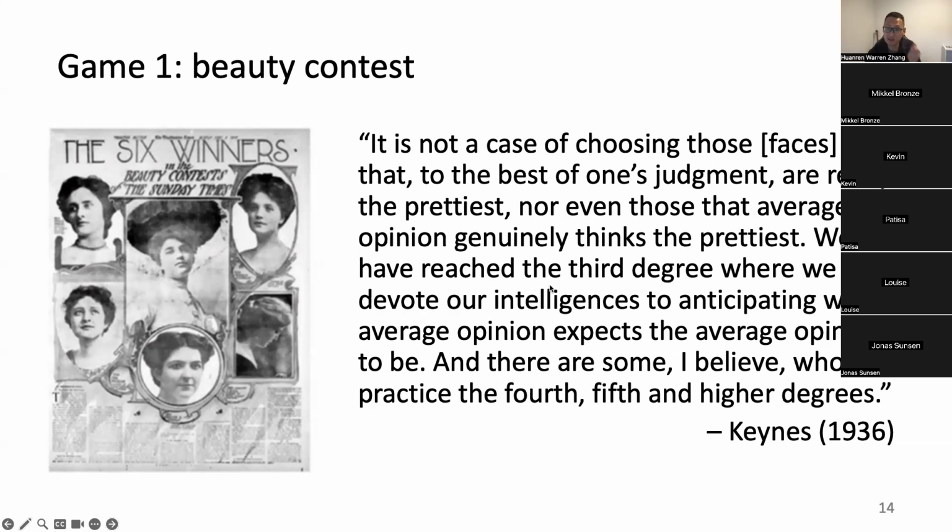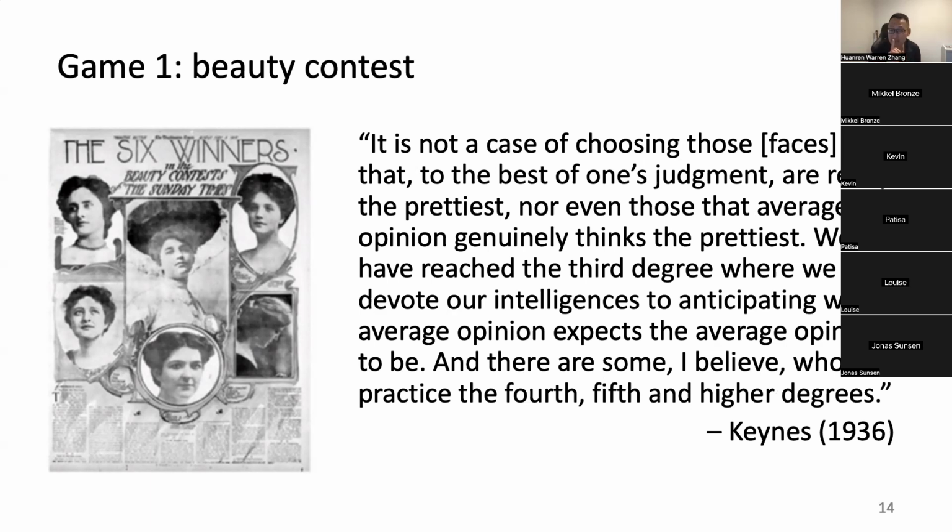We have reached the third degree where we devote our intelligence to anticipate what average opinion expects the average opinion to be. And there are some, I believe, who practice the fourth, fifth, or higher degree. Okay, so that is the complication behind this simple beauty contest game.